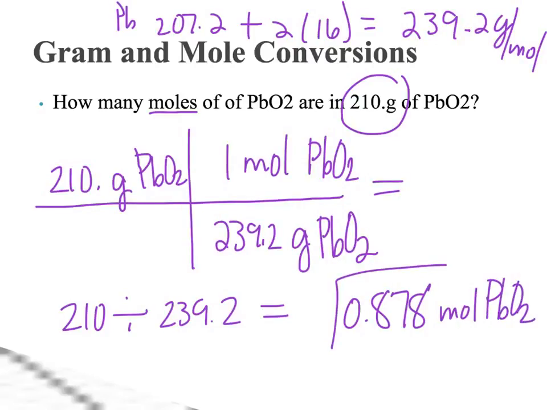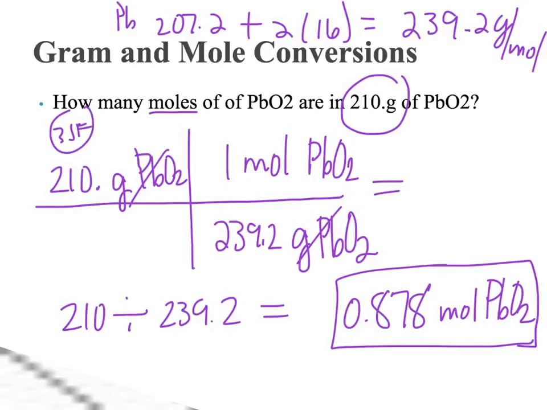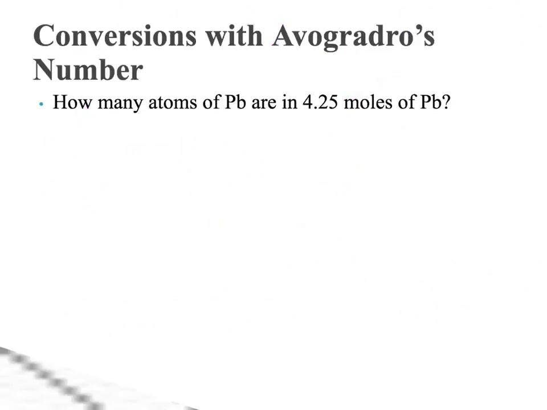Technically, that is lead 4 oxide, but we don't know about that yet. And so that just made sure everything canceled. Because of that decimal, that made us have 3 significant figures, so that is why we put our answer as 0.878.